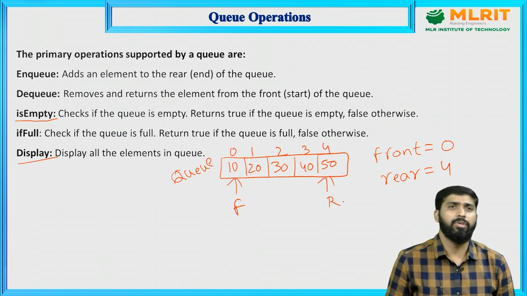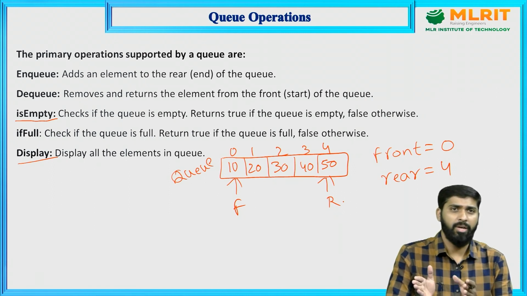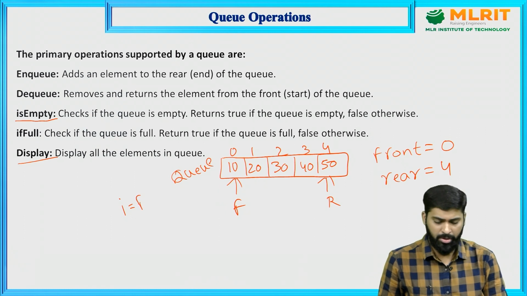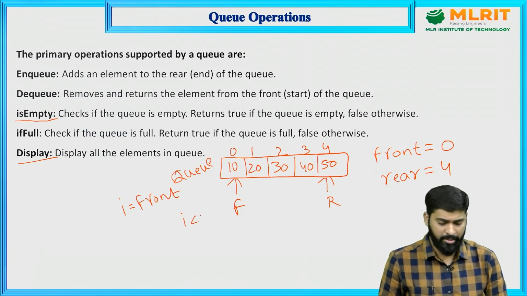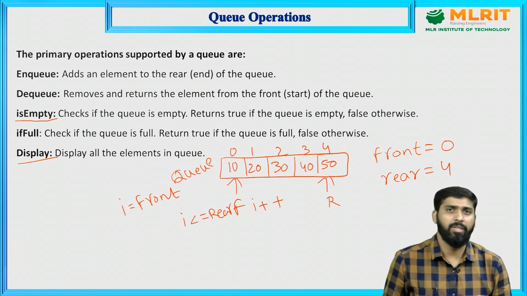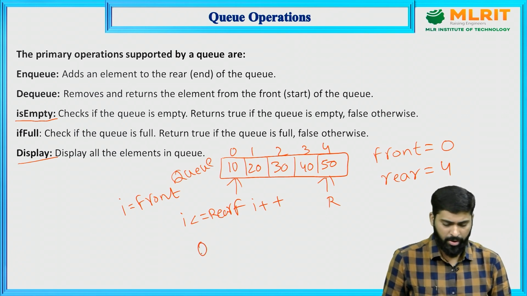Now I want to display the elements in the Q. So I start from the front and traverse up to rear. Initially I take variable I equals front, and I less than or equals rear, and every time I increment the I value, I plus plus. And I am going to print the value of Q of I.